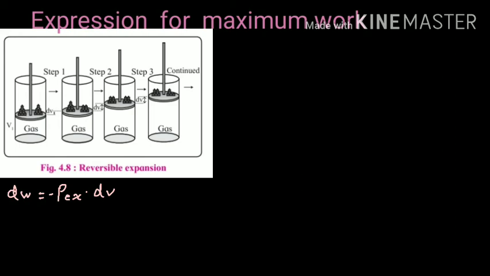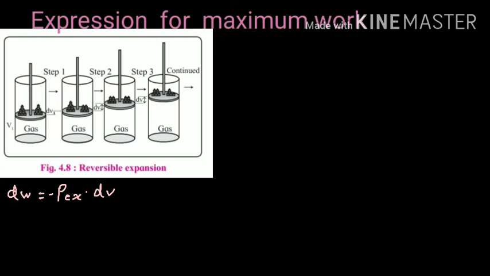We know the equation for work is W is equal to minus external pressure product of delta V, but here we are taking dW because a small amount of work is done. Why do we take the minus sign in front of external pressure? Because the expansion takes place against the external pressure, and instead of delta V we are taking dV because a small amount of volume is increased.